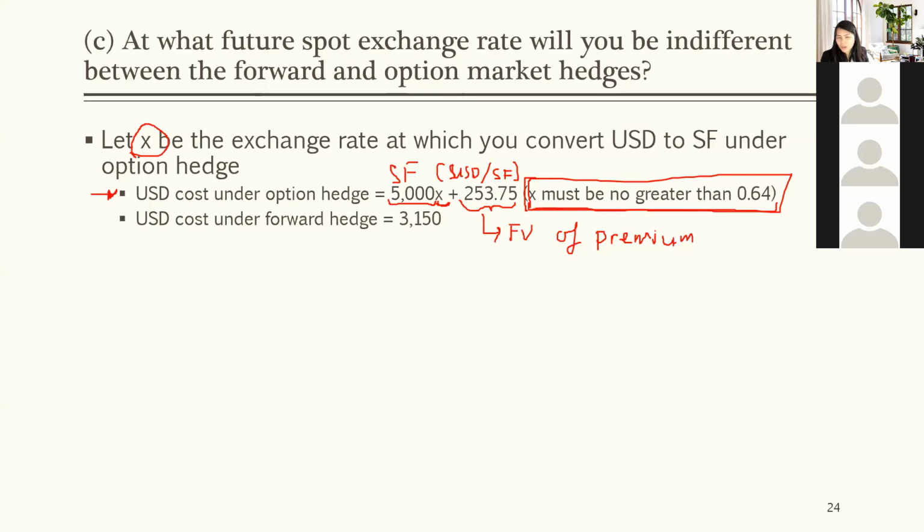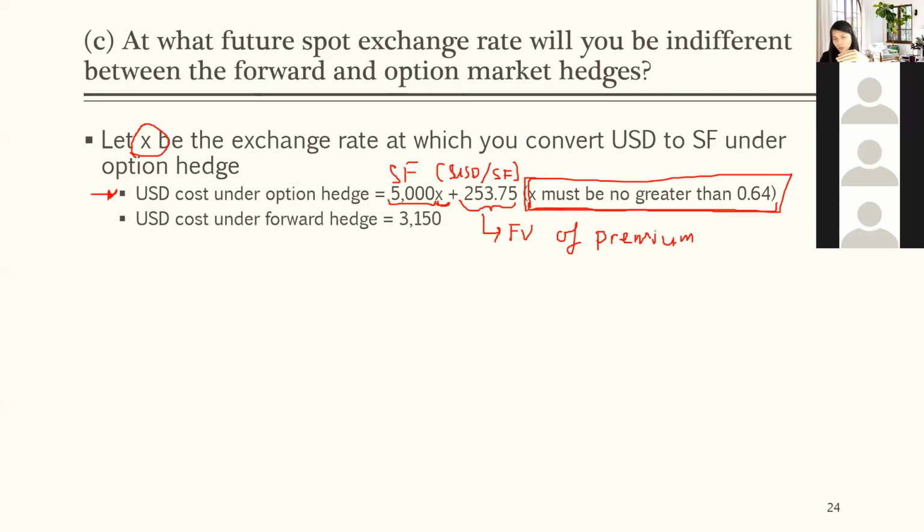So remember with options, an option contract allows us to limit the downside loss and at the same time take advantage of the upside gain. In this case, an option contract allows you to fix the maximum USD cost of your accounts payable.